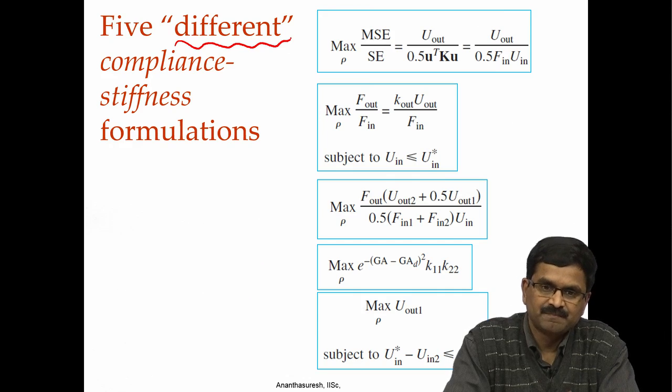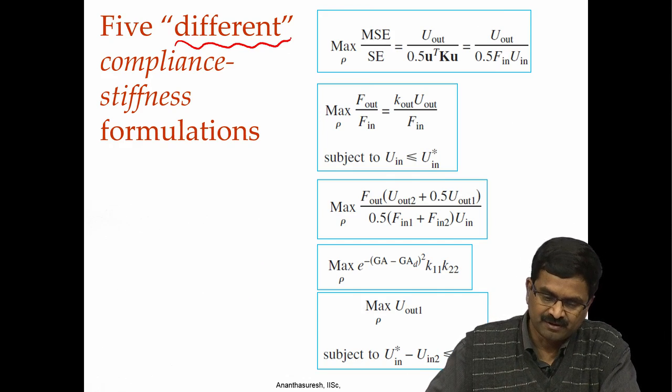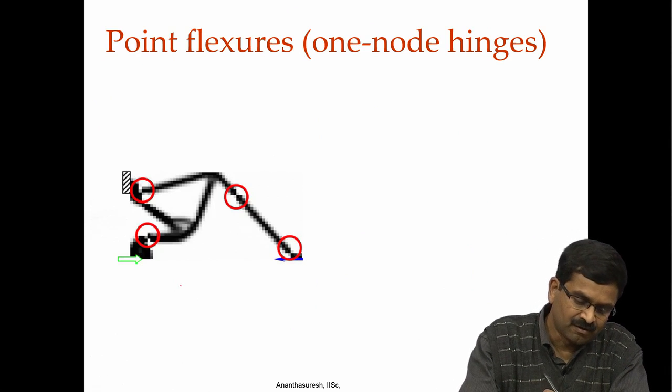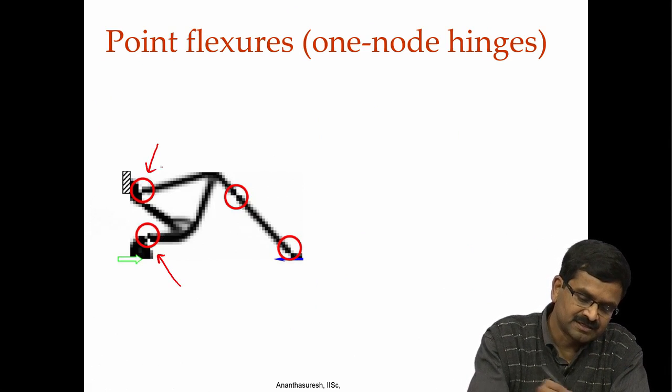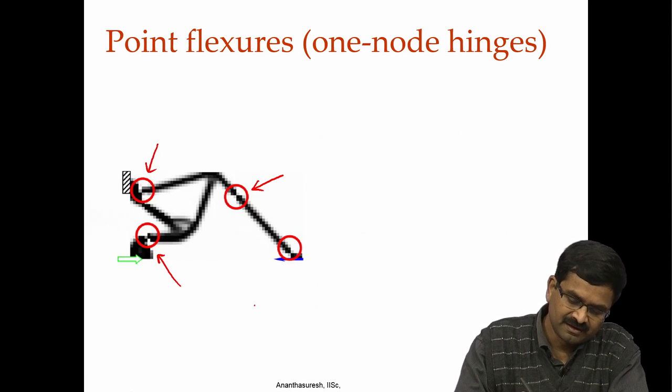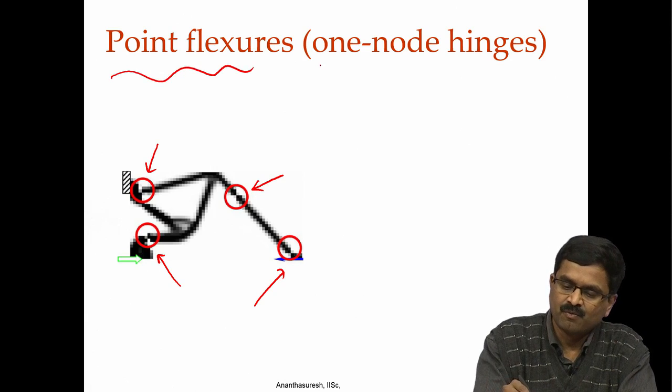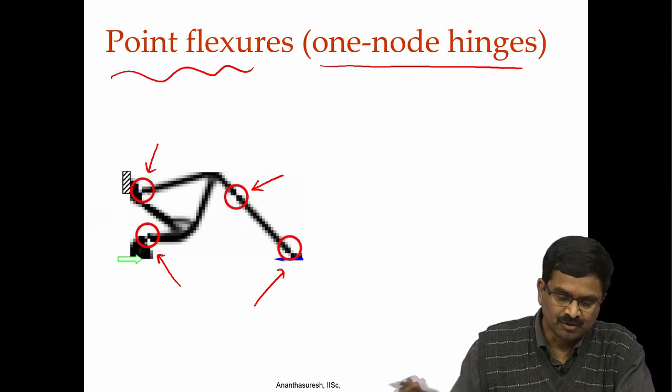So, first let us see one more time, recalling what happens. When we get a topology like this, all the things that we have encircled in red are basically these point flexures or one node hinges. How do these hinges occur?